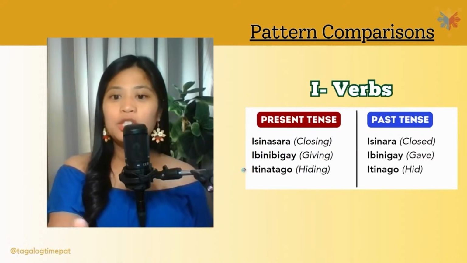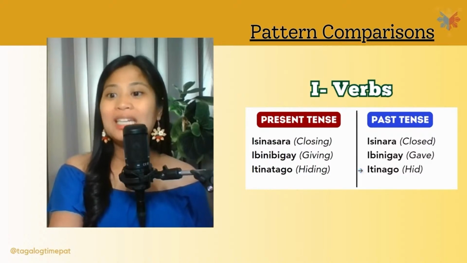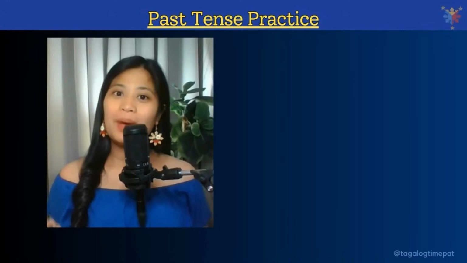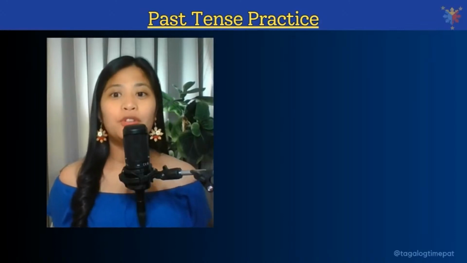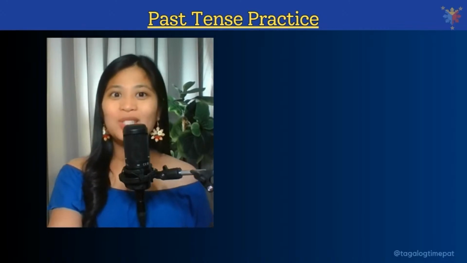Lastly, itago, which means to hide, in the present tense is itinatago. That means hiding. In the past tense, it's itinago, hid. So those are all of the past tense conjugation patterns for the different types of verbs in Tagalog. I will go ahead and turn off my screen so that we can do some practice questions.